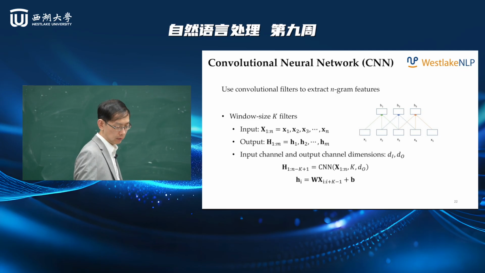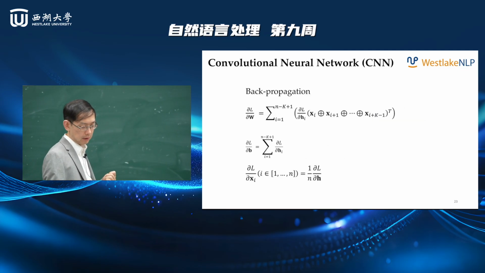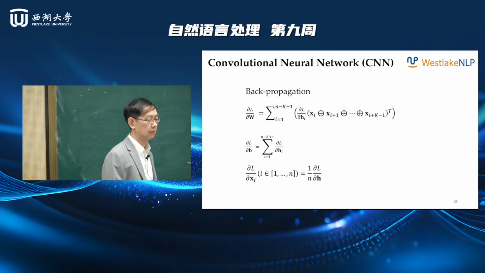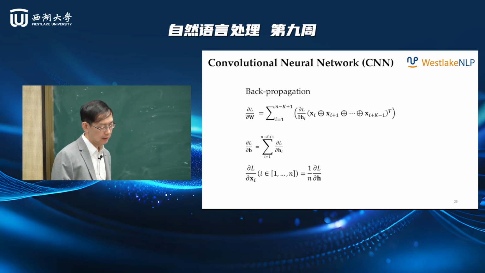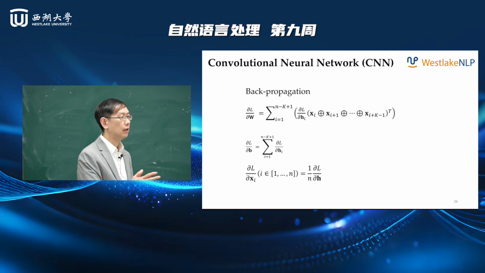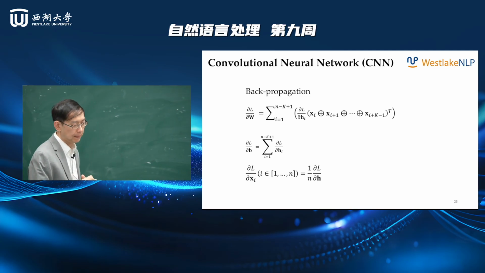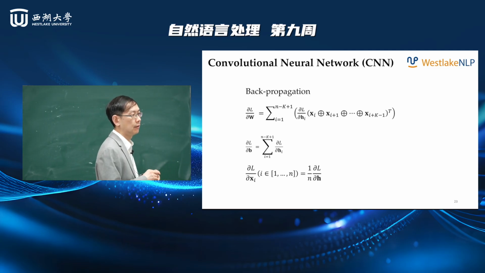So we calculate the gradients for them. Once we have the loss, the gradient on the output H, we can calculate the gradient on W as the output layer loss times the concatenation of the n-gram representations.